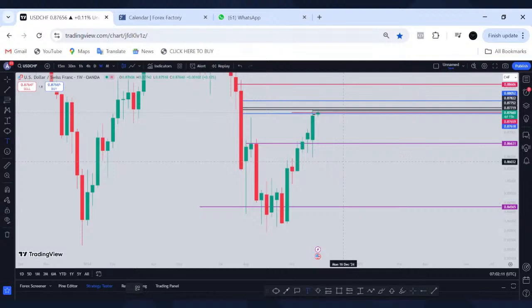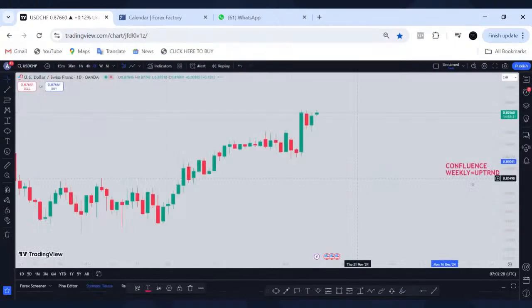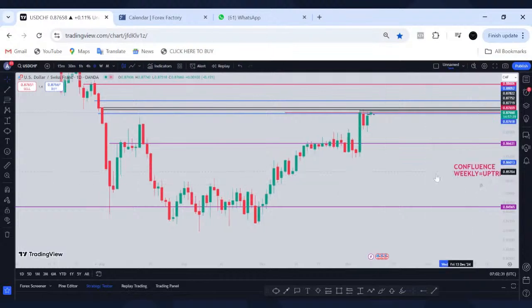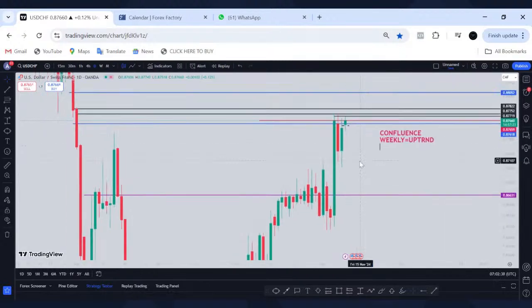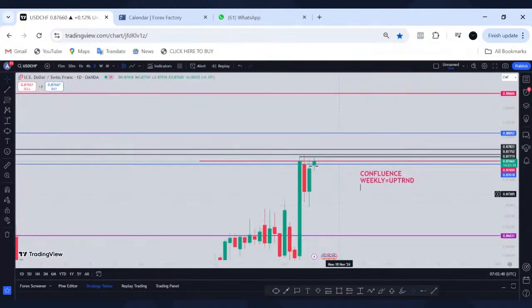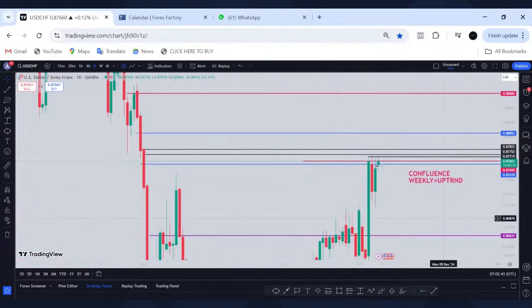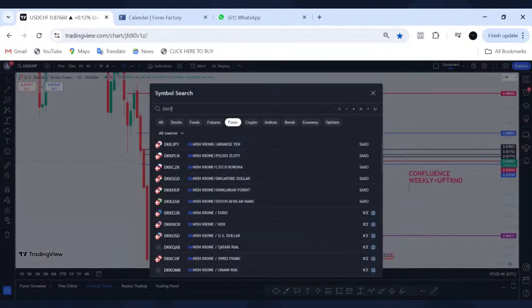So talking about the time frame analysis and the confluences, the weekly is an uptrend. Looking at the daily time frame, the daily too is currently an uptrend.